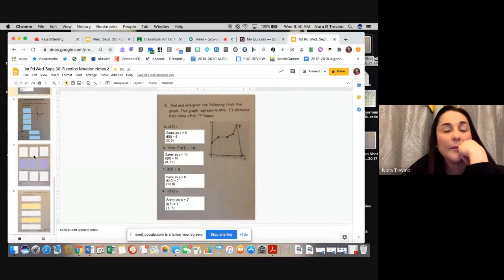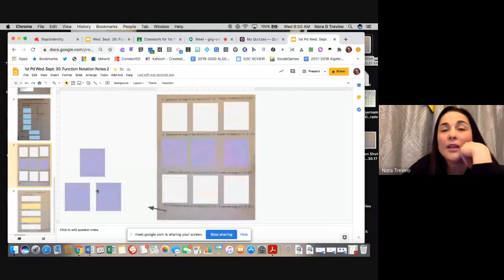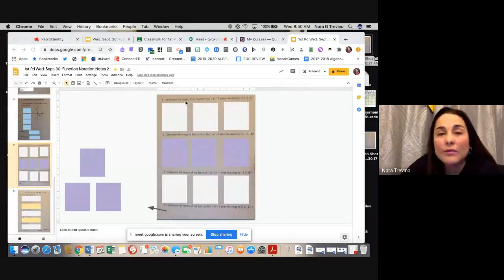Okay, let's go to the next one. So for this one, look at what it says. Determine the range. Range is what letter?